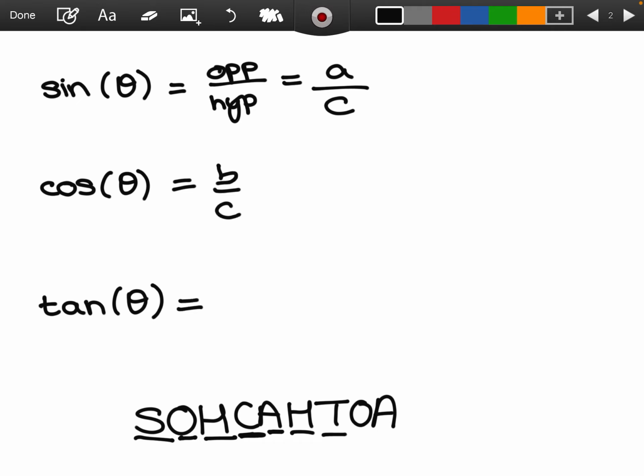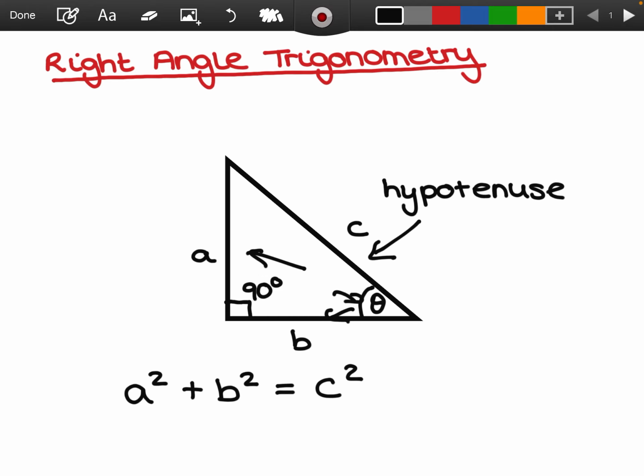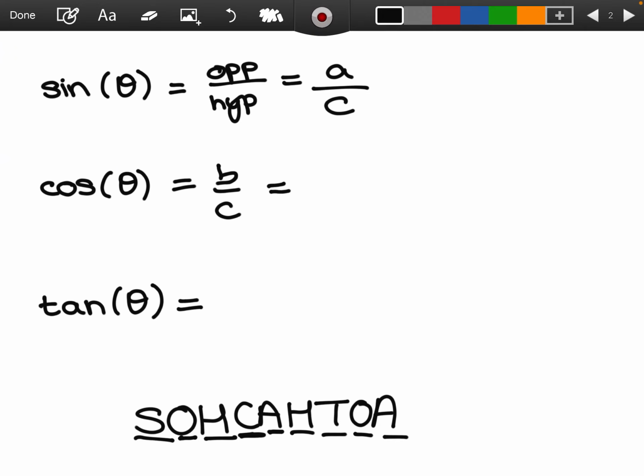And then tangent of the angle is going to be the opposite side divided by the adjacent side. So the opposite side has length A and the adjacent side has length B. So it's just going to be A over B. Okay, so if you know the lengths of the three sides of a triangle and you are given this random angle theta that you don't know what it is, you can still find sine, cosine and tangent of that angle by literally just doing each of these sides divided by each other.